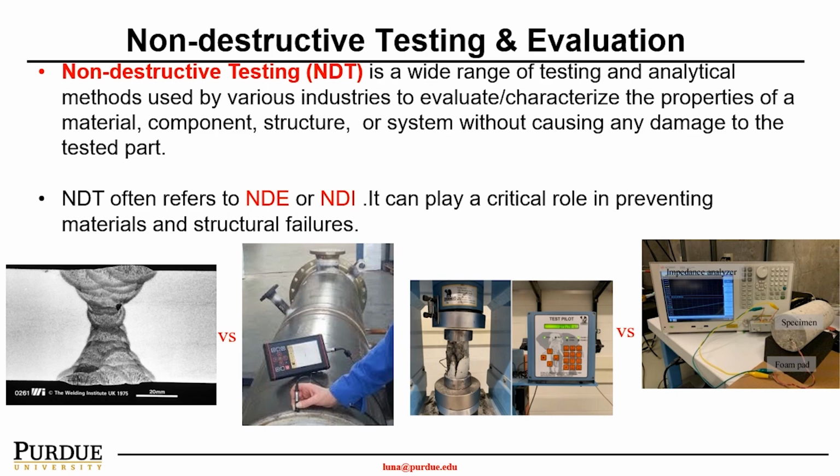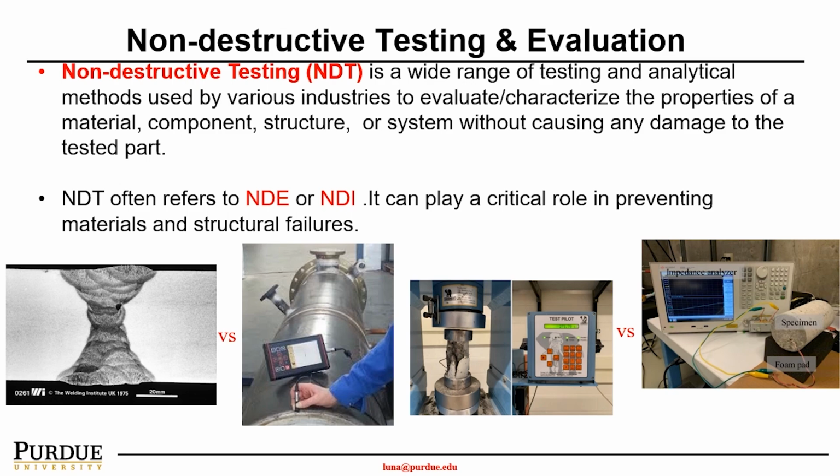Therefore, it is very important to use non-destructive testing methods to evaluate and characterize the properties of material components and structural systems without causing any damage, to identify discontinuities or defects at a very early stage, and to come up with a remediation plan. That is the purpose of non-destructive testing.